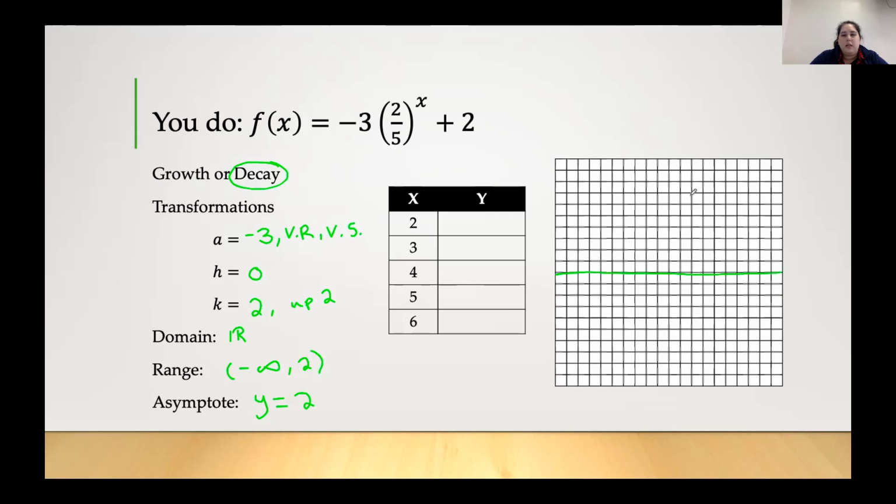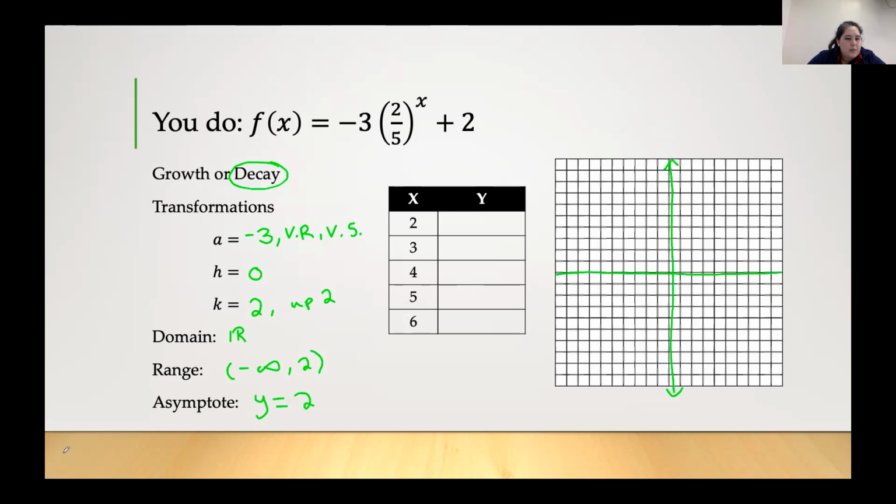So I'm not gonna worry too much about the table. On this one, I do just want to show you what it looks like. So we have -3(2/5)^x + 2. 0 crosses at -1.